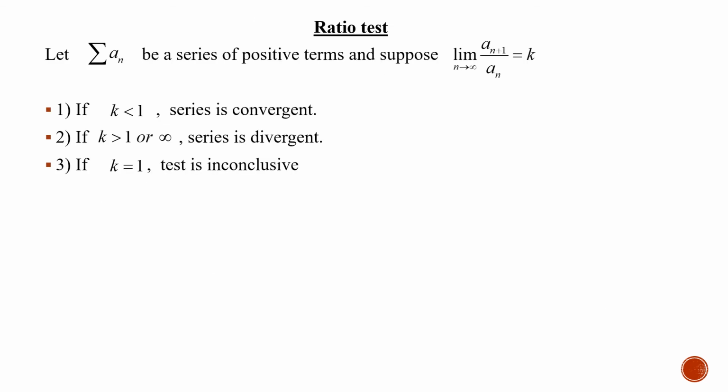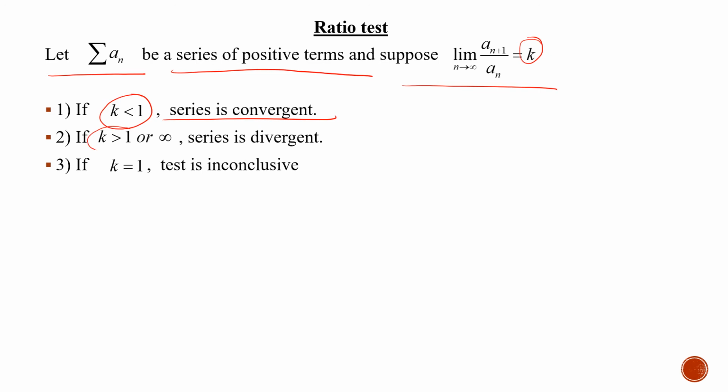So another test for checking whether the series is convergent or divergent is the ratio test. It says that if a n is a series of positive terms, and suppose that the limit as n tends to infinity of the ratio between the n plus 1th term divided by a n is some constant k, then if this value of k is less than 1, the series is convergent.